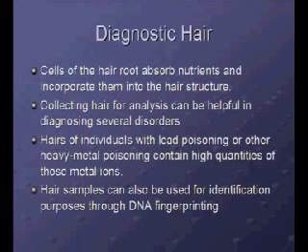Hair samples can also be used for identification purposes and DNA fingerprinting. Certain drugs that are administered to individuals, whether legal drugs or illegal drugs, can be measured. At least the content of that drug in the system can be identified by analyzing the hair.